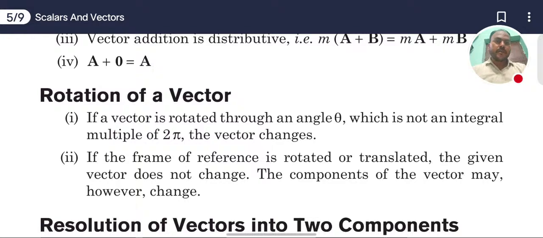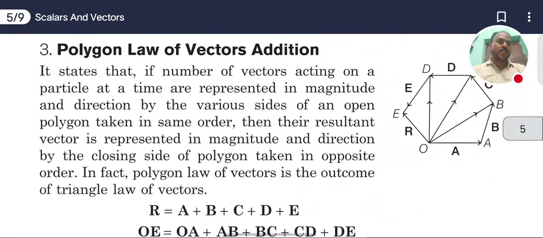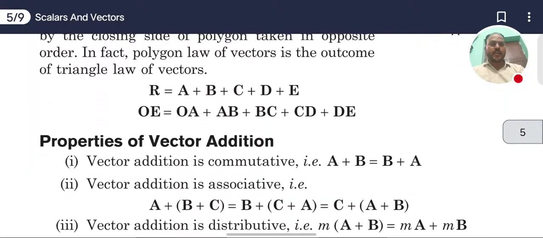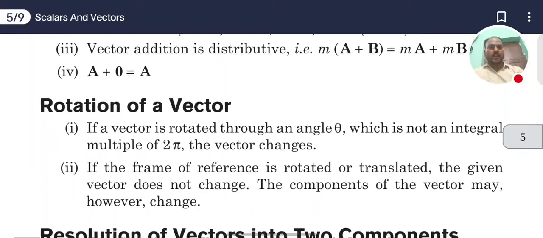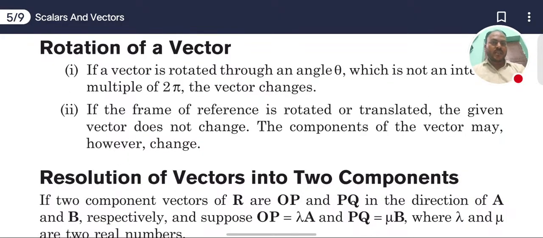Because every time the vector is changing. We have seen this in the polygon of vectors. So every time the vector is rotating, the vector is changing. That's why in rotation of a vector, the vector always changes, whatever the angle is, as long as it is not an integral multiple of 2 pi.